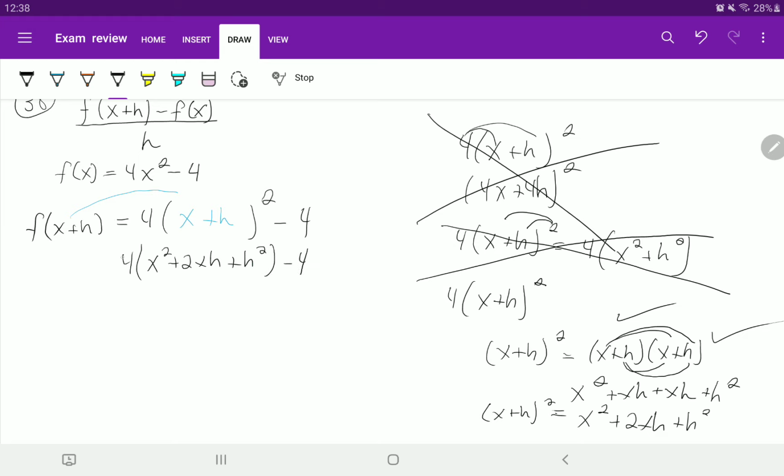I want to distribute the 4 inside the parentheses. So 4 times x squared is 4x squared. 4 times 2xh is 8xh. 4 times h squared is 4h squared. Bring down the minus 4. And that is f of x plus h.